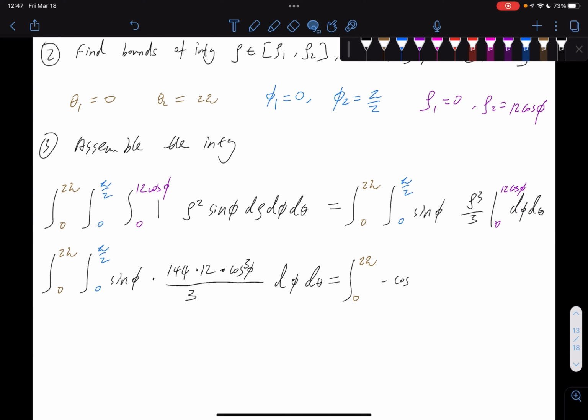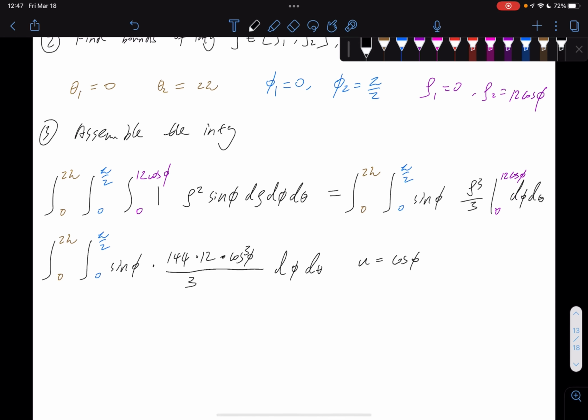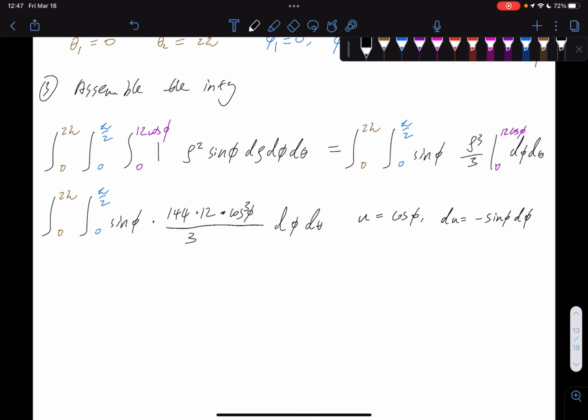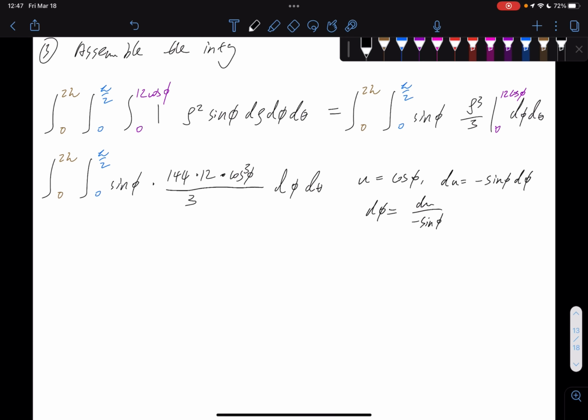Then we can use u substitution, right? So u equals cosine phi, and then du equals negative sine phi d phi, and then d phi equals du over negative sine phi.